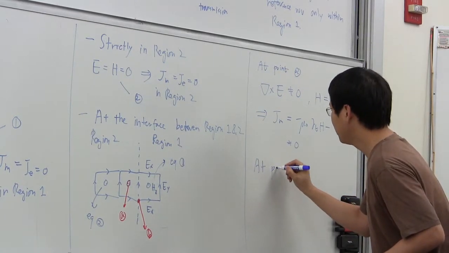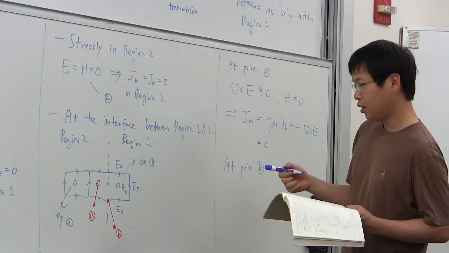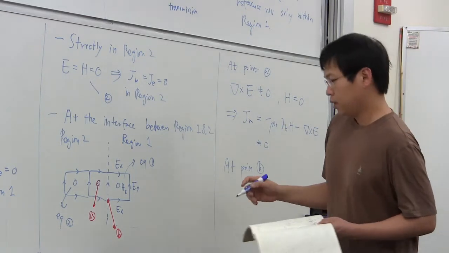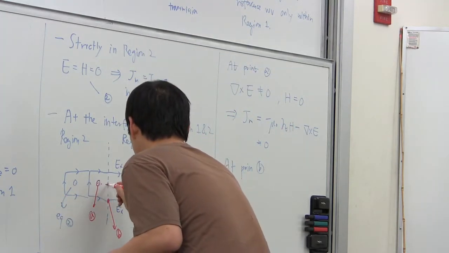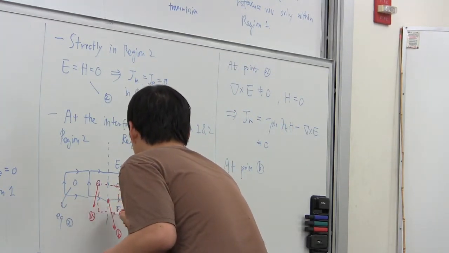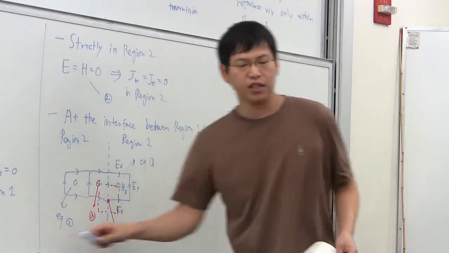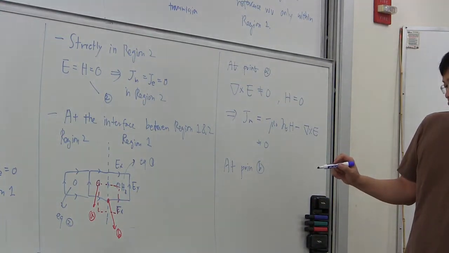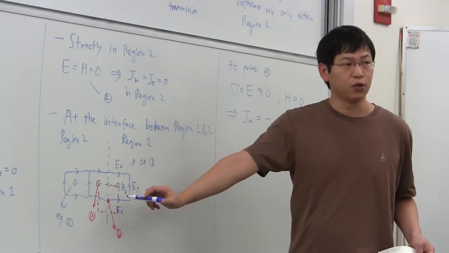At point B, we actually need to think about this dashed E cell. At point B, your H field is still on the boundary of region 1.